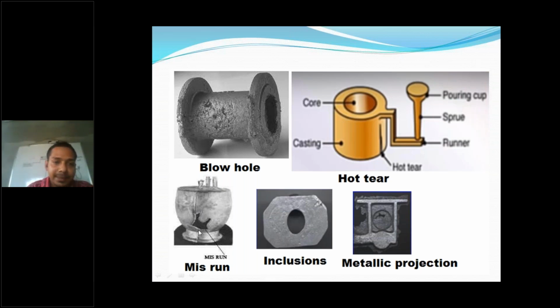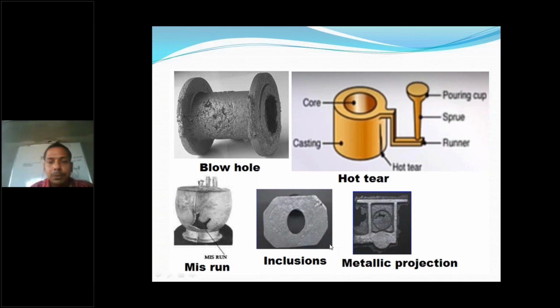This is called the misrun. There is a higher solidification rate, a very thin surface, that means very thin thickness. Due to that, solidification happens before complete filling, so this portion cannot fill. Also, if the pouring volume of the liquid material is less compared to the requirement, then also that kind of problem happens.